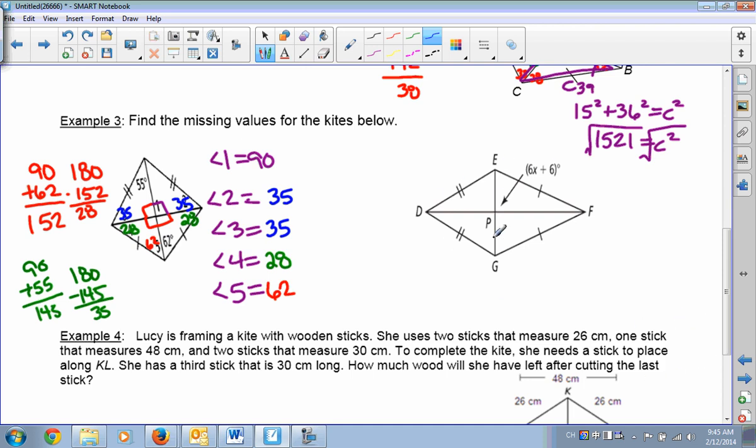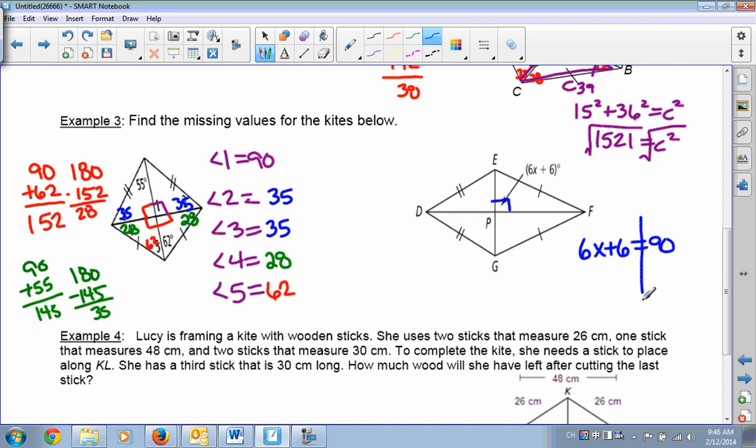We're going to do this last one here, and then we're going to go ahead and get our homeworks. Okay. What is this angle pointing to? The 90 degree. Yeah, it's 90 degrees. So how will we set that up to solve? Good. 6x plus 6 equals 90 degrees. So this one's nice and easy. We're only having to find one value, x.